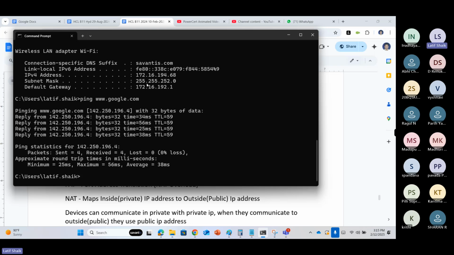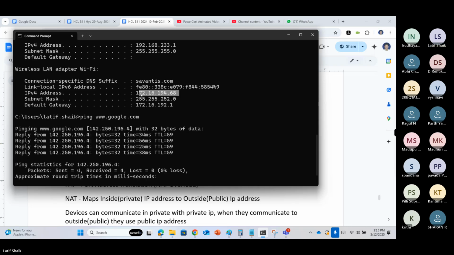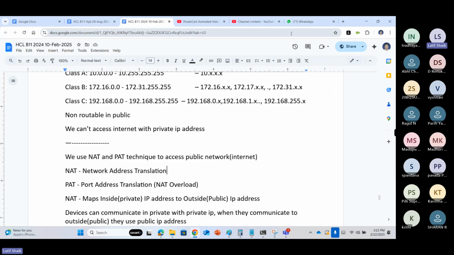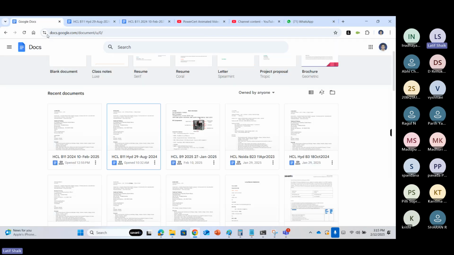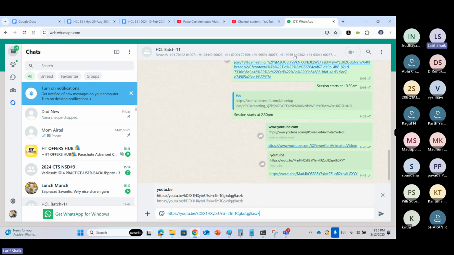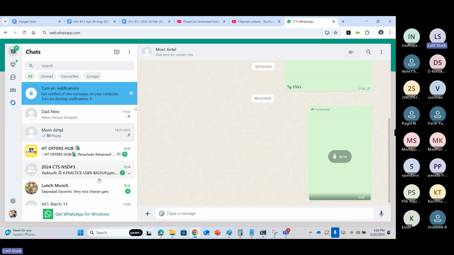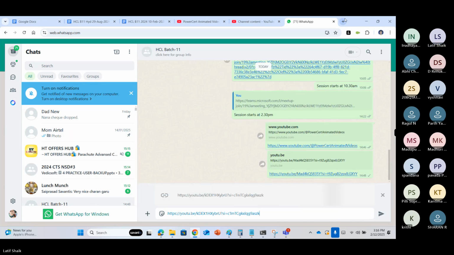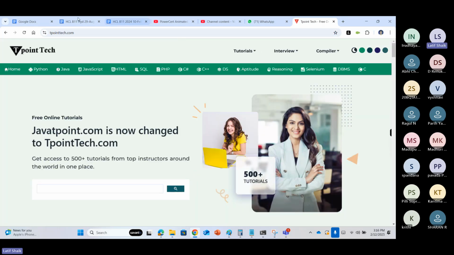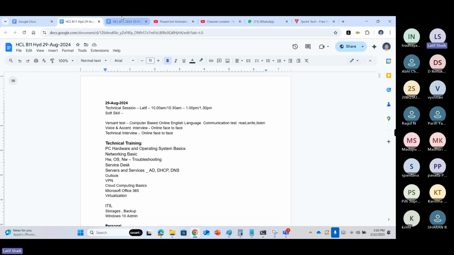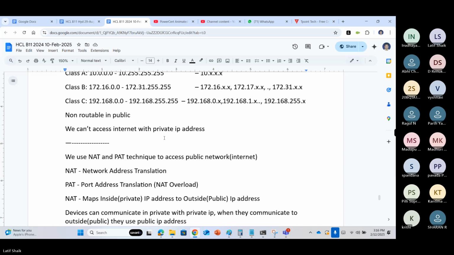Anybody having doubts or questions? I have a private IP, Google is public. I'm accessing the internet: youtube.com, google.com, java.tpoint.com, all through my private IP only, right?